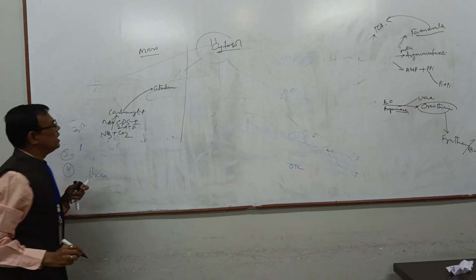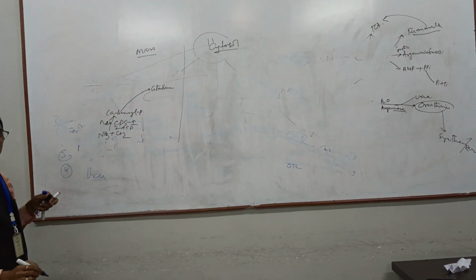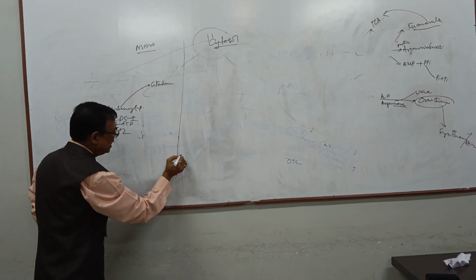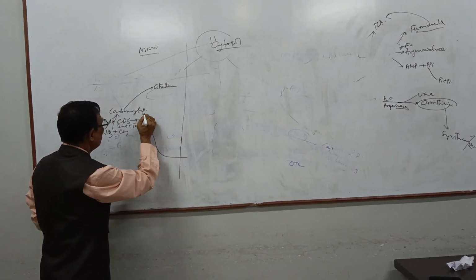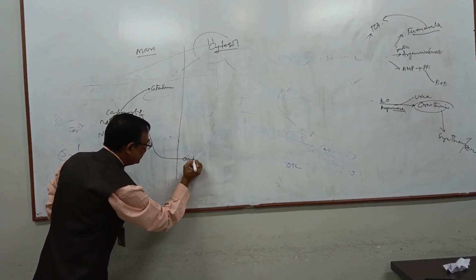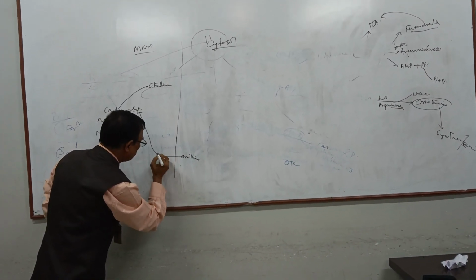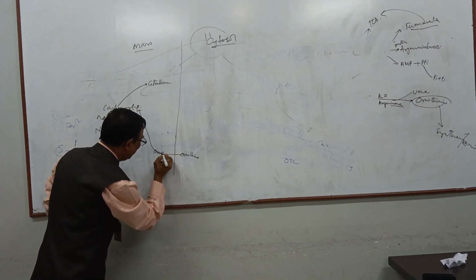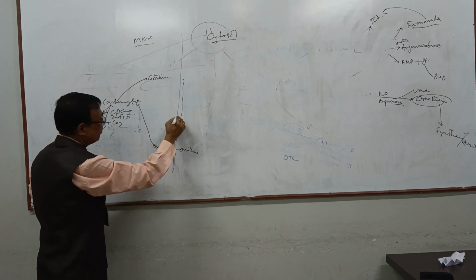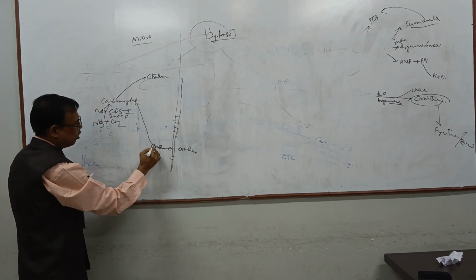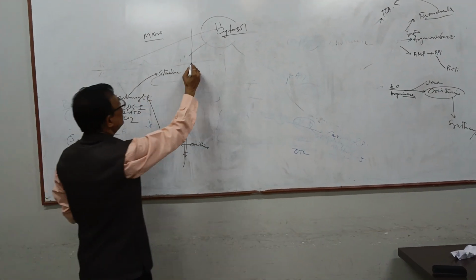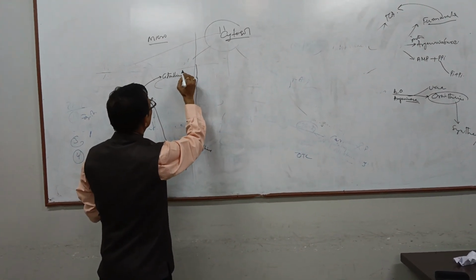For that citrulline, what is needed? Here the ornithine is needed. Here is the mitochondrial membrane.